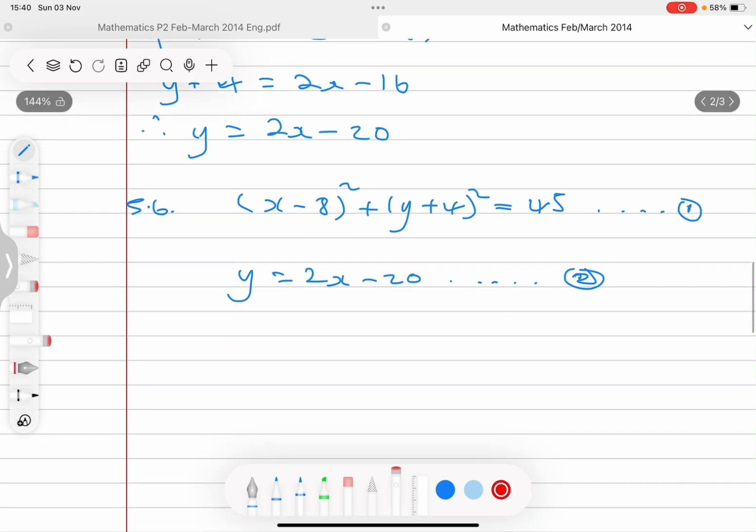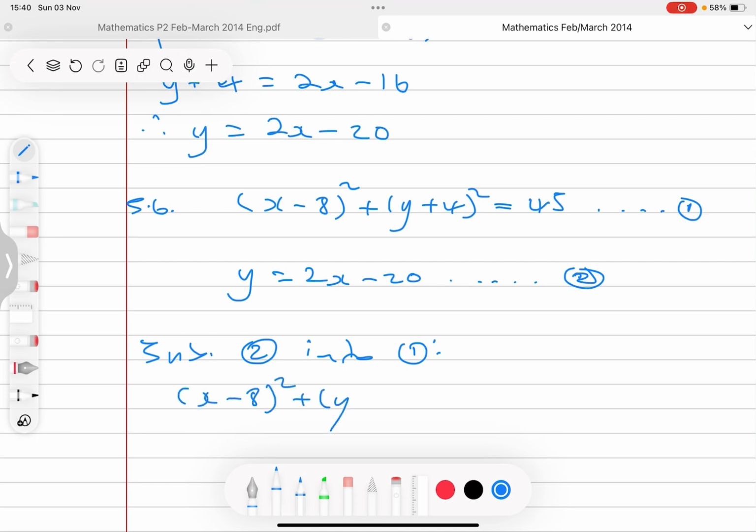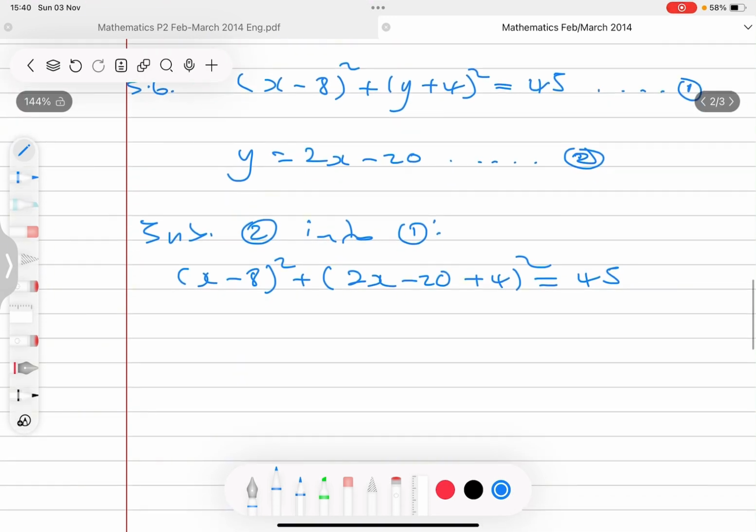So here I'll say substitute equation 2 into equation 1, so that now we have (x minus 8) squared plus, no, not y, I'm not substituting now, so we'll have 2x, which is my y now, and then a plus 4, all squared, equals 45.